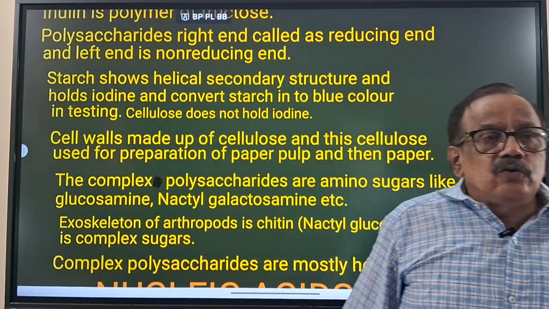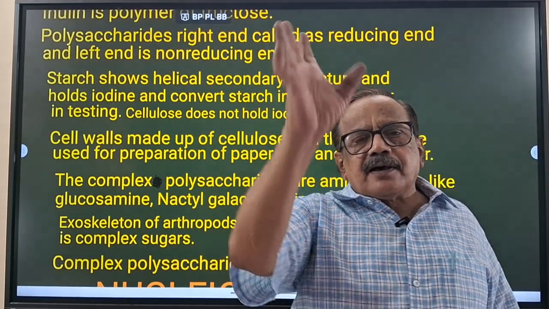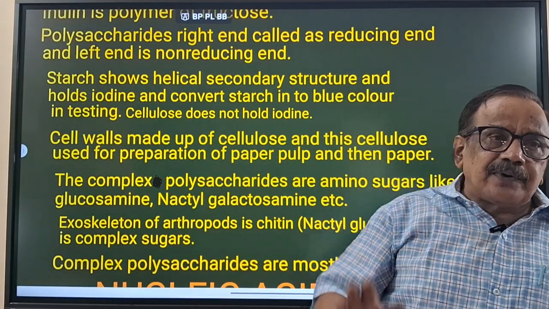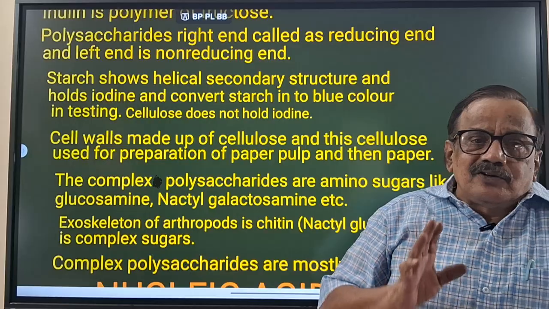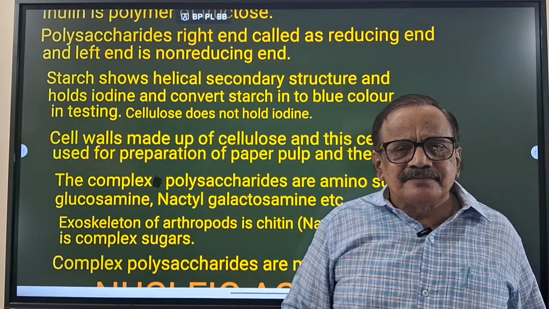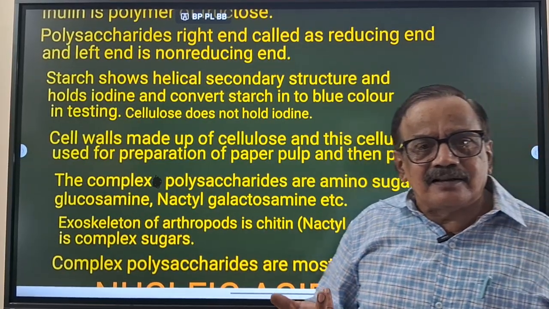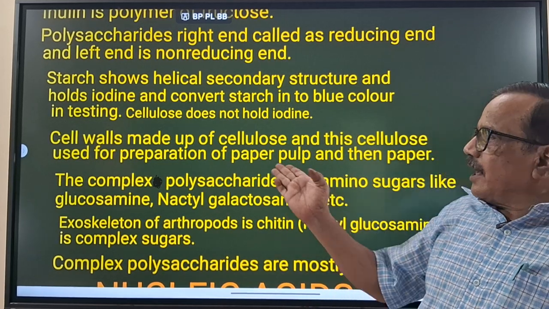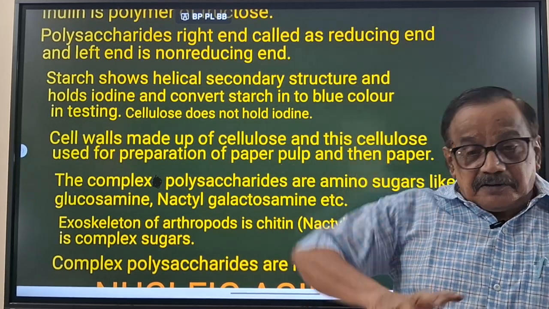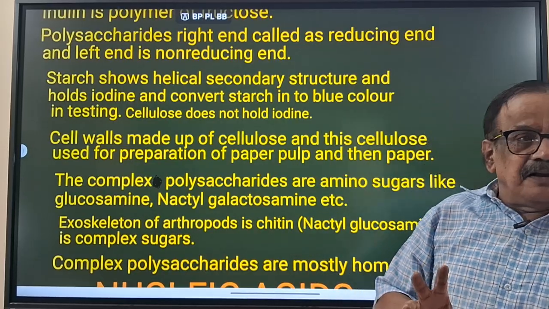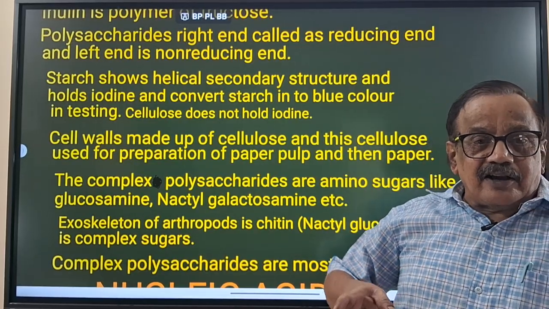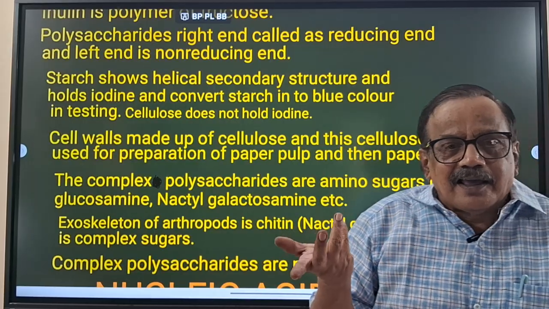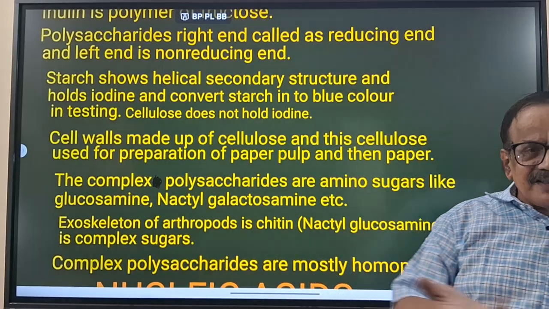The cellulose will be useful for the preparation of paper. So for the preparation of paper, which polysaccharide is useful? Indirectly you can ask the question, polysaccharide is what? Or you can ask it in a complicated way: the polysaccharide used for paper is a homopolymer or heteropolymer? That is homopolymer, because cellulose is made of glucose.